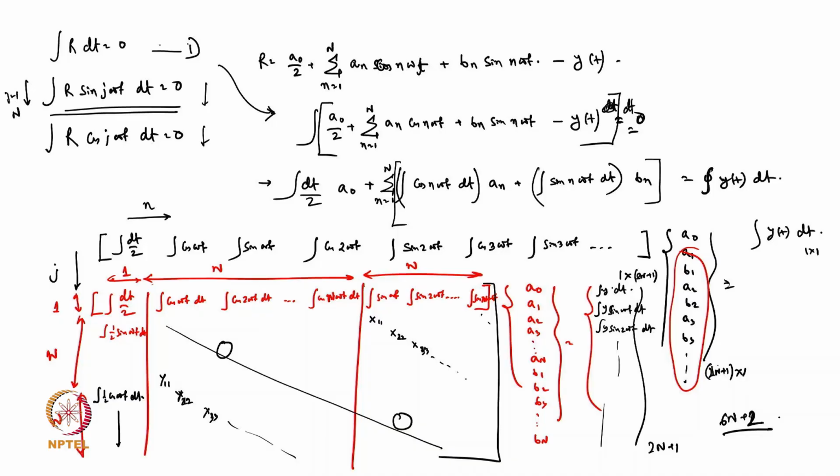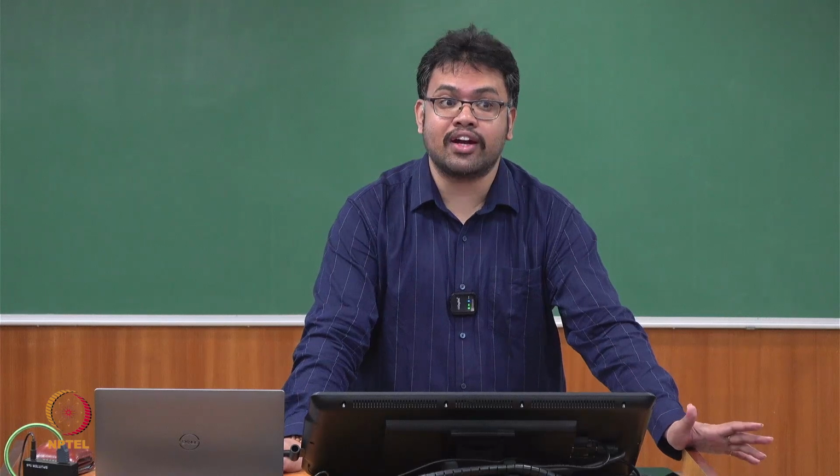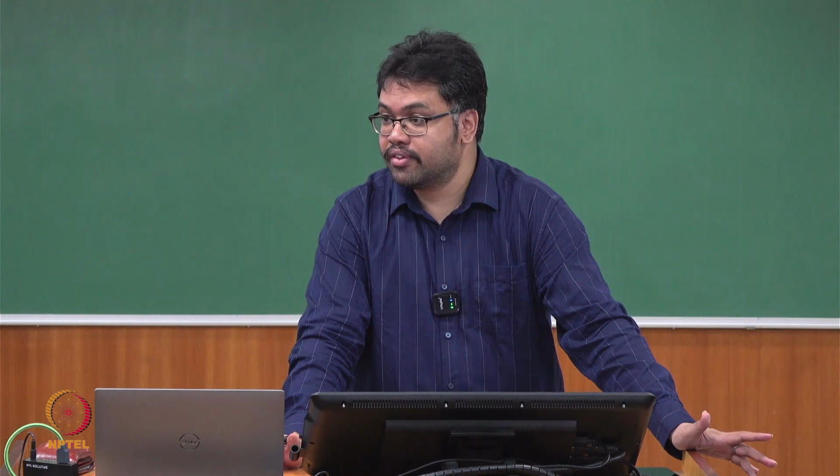Anybody, can you guess? Okay, let me give you a hint. First thing is that if they are not orthogonal, the 2n cross 2n submatrix that we got will not be a diagonal matrix. That will be a fully populated matrix.